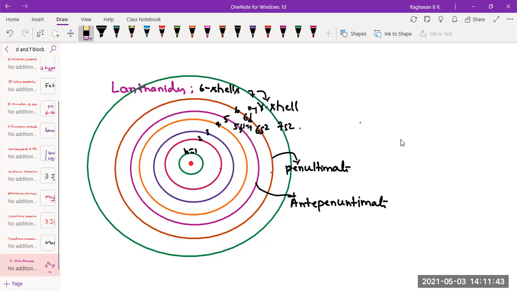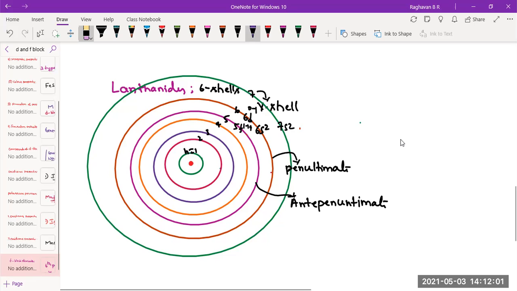So after 7s2, the electron may go to d1 or 0, and then 5f 1 to 4. So the electrons will be added to the antipenultimate f. This results in a steady decrease in atomic size from thorium to lawrencium.